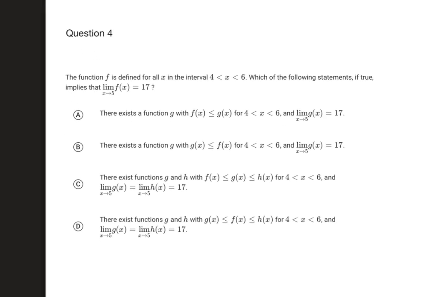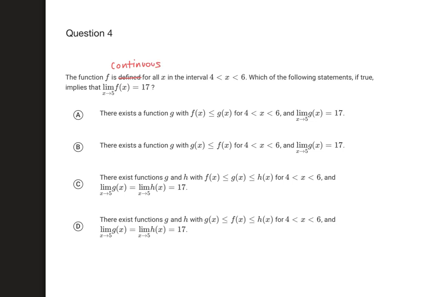Okay, next one says the function f is defined for all x in the interval from 4 to 6. Okay, and really, this is a mistake. They really should say continuous, and there is a difference. Something can be defined without being continuous. This is actually a mistake from College Board.